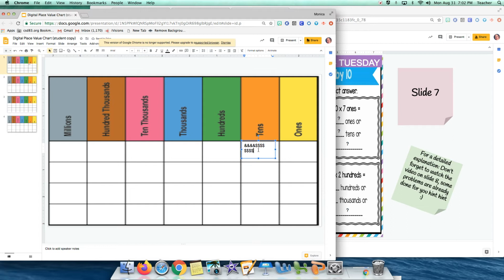There's a fourth group. Let's see if I can fit another one in here. 1, 2, 3, 4. Move it over like that. 1, 2, 3, 4.